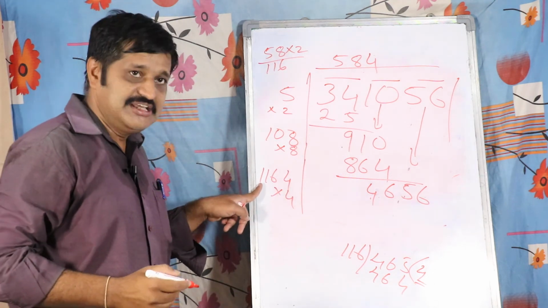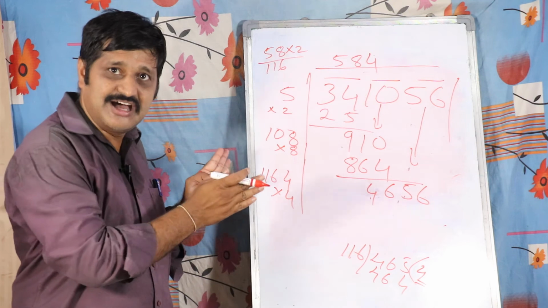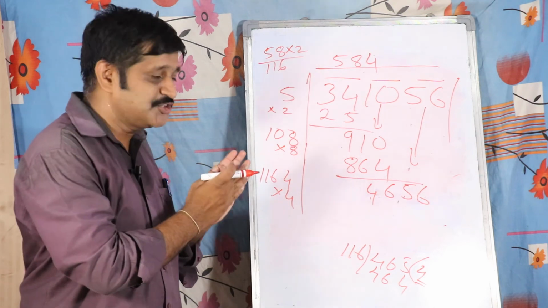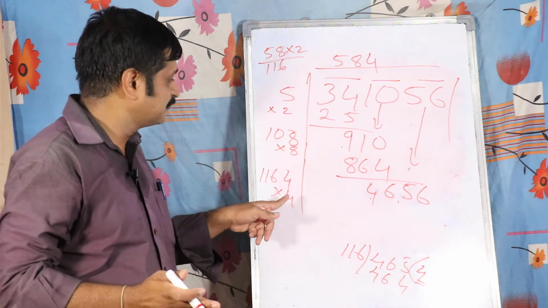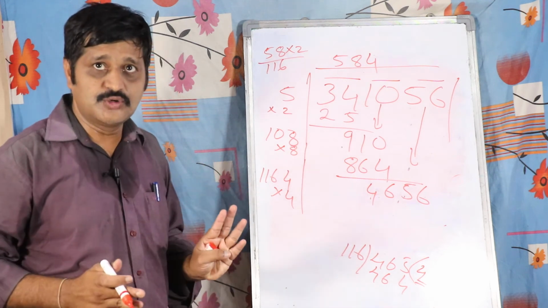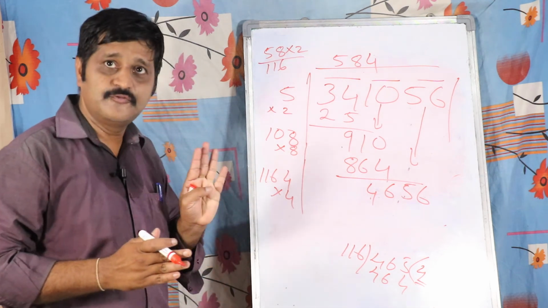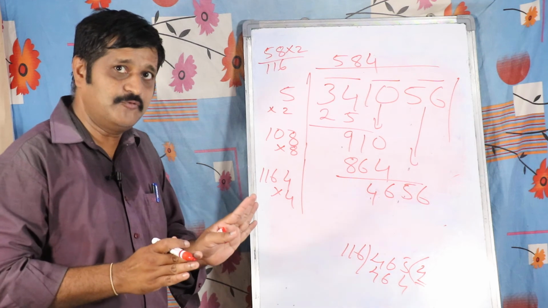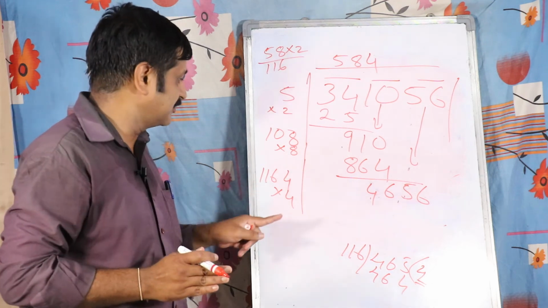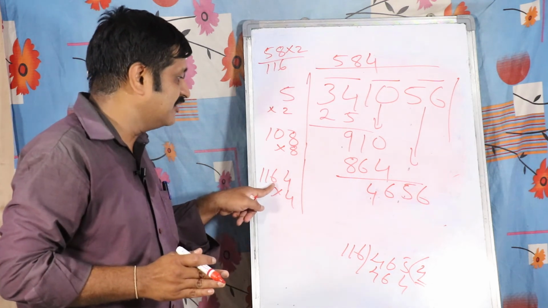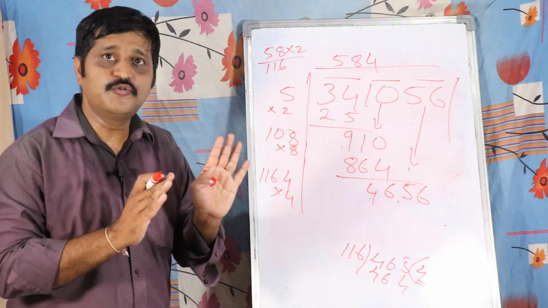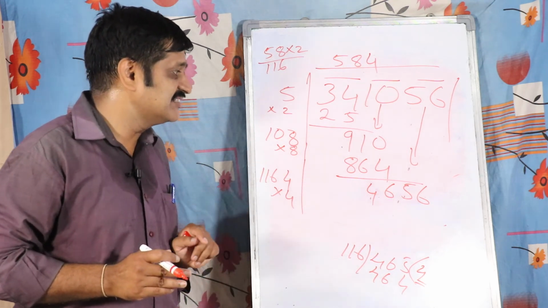Okay. Then don't multiply in the normal way; just use the split and merge method. 4 into 1000 is 4000, 4 into 100 is 400. Now you have 4000 and 400. 4 into 60, it is 240, and 4 into 4 is 16.